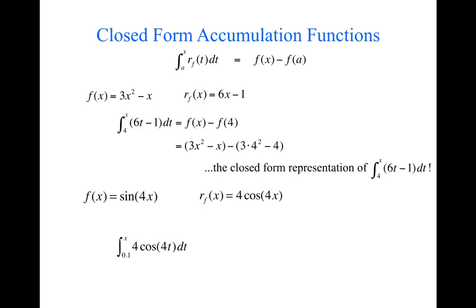But see if you can write out a similar expression for the closed form of this net accumulation function. Here's the rate pertaining to this f of x. I want to know what accumulates between 0.1 and a general x. I'll give you a minute or so to think about that, and then we'll go on.